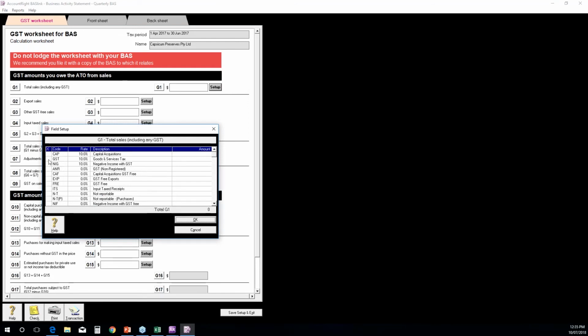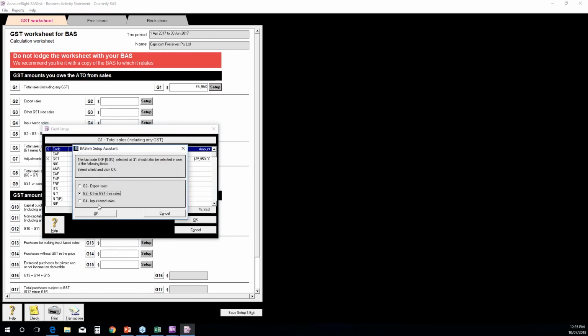CAP, no sales. GST sales. NIG, I said no, because as I said before, negative income, it's not really negative, but it's more expense GST. So I'm going to include them in the GST paid with purchases. So no NIG. ANR, it was for purchases, CAF, purchases, EXP, sales.